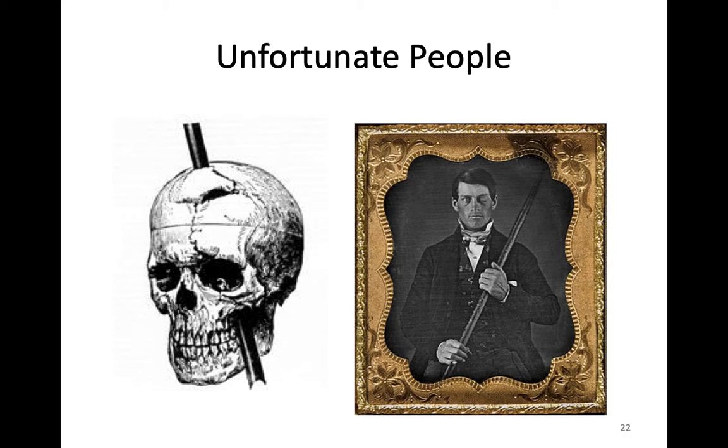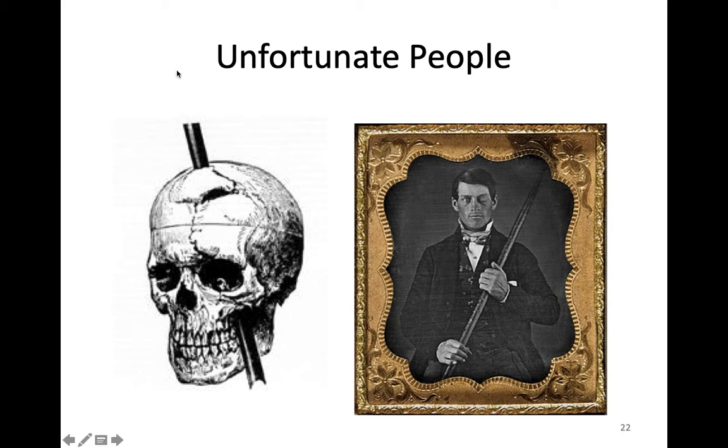One of the most famous cases in psychology of an unfortunate person who has been studied was an American railroad worker named Phineas Gage, who's pictured here on the right. Turns out he survived an accident in which a large iron rod, which he's holding, was driven through his head. You can see there on the left here too.